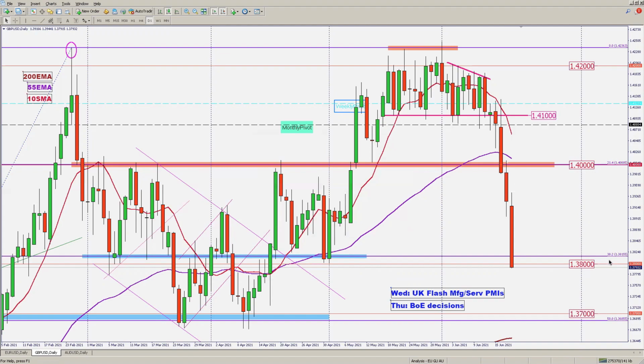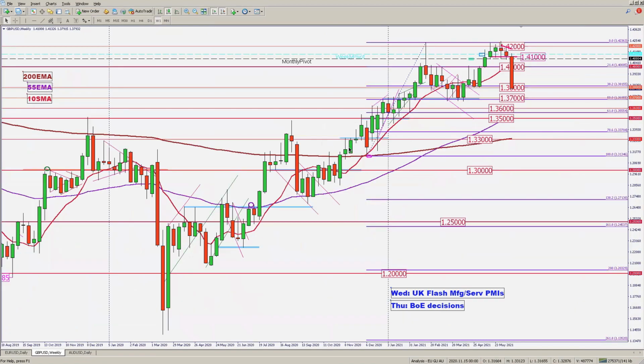Right, the 38 fib, and that's also at the 21 fib retracement. If we take a look on the weekly time frame, that was the big swing move up, pull back into the 50% fib, and came out to retest the highs, and now starting to pull back again.